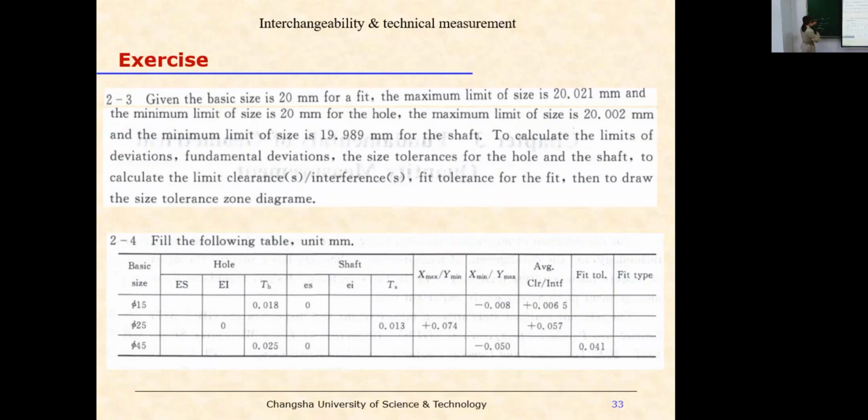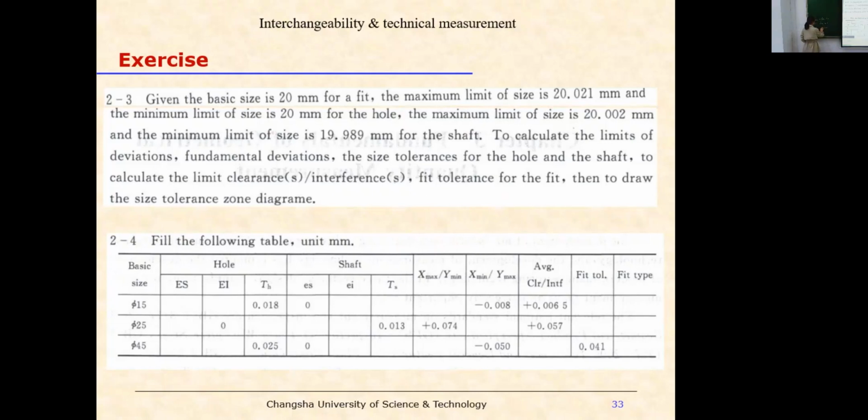So if the maximum hole minus the minimum shaft is plus, it means that the plus is here, right?